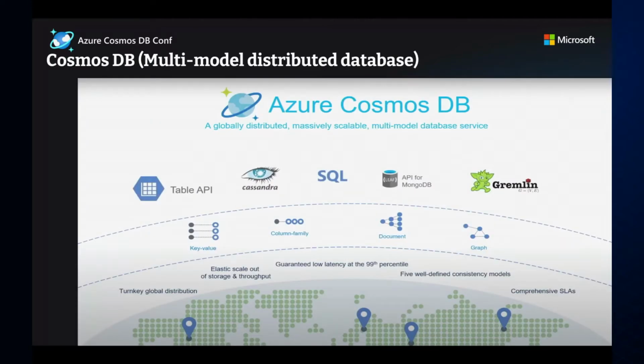Let's jump onto the Cosmos DB introduction here. This is like a house diagram, laying a foundation at the bottom layer, and on top of that you're going to have multiple layers. Cosmos DB is a distributed database, which means it runs on a cluster of machines as opposed to a single machine. Cosmos DB scales in two dimensions.